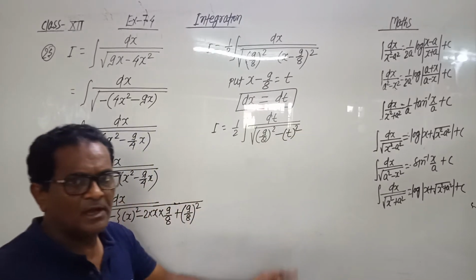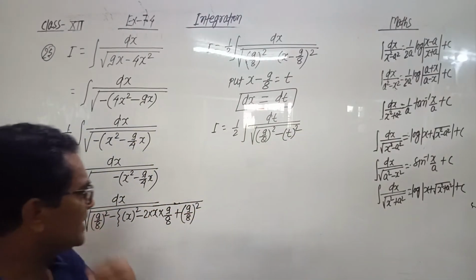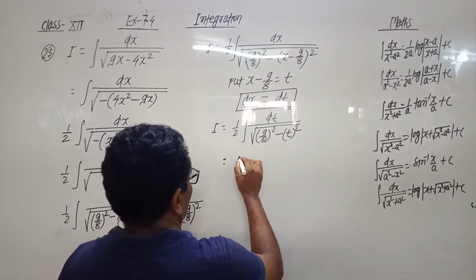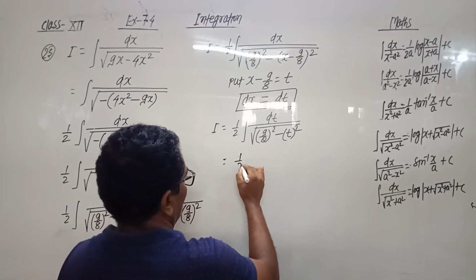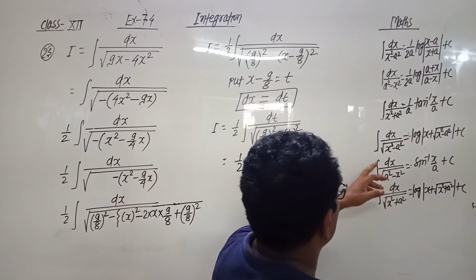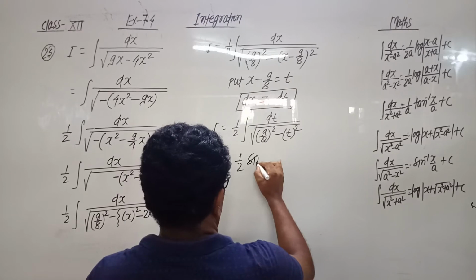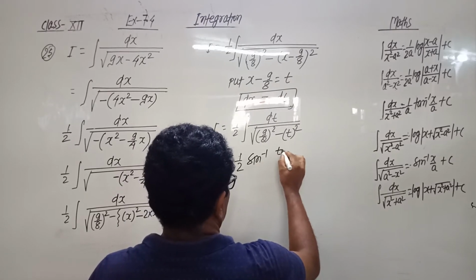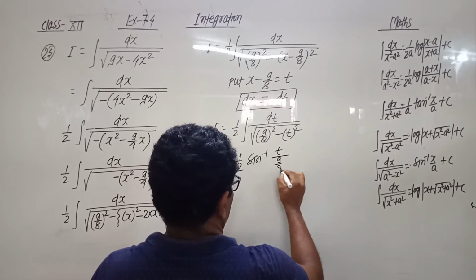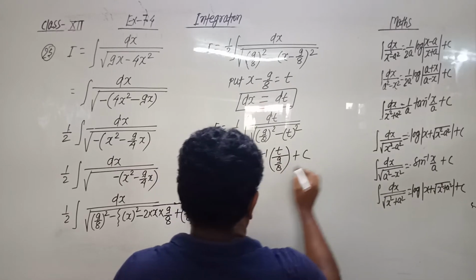This is the form dx upon under root of a square minus x square, which is sine inverse x by a. So sine inverse t by 9 by 8 plus c.